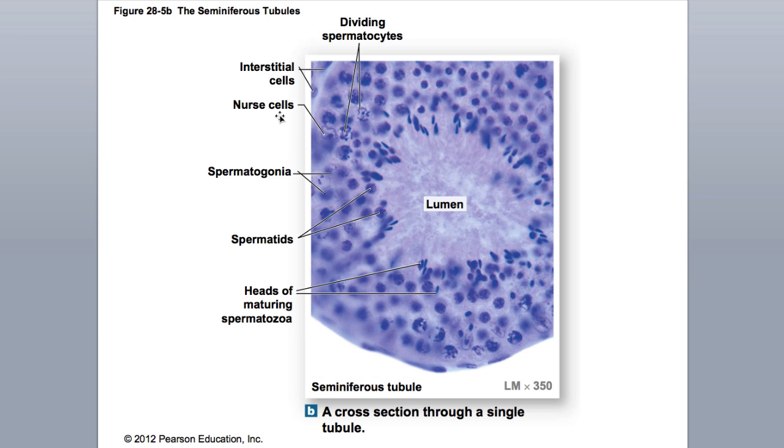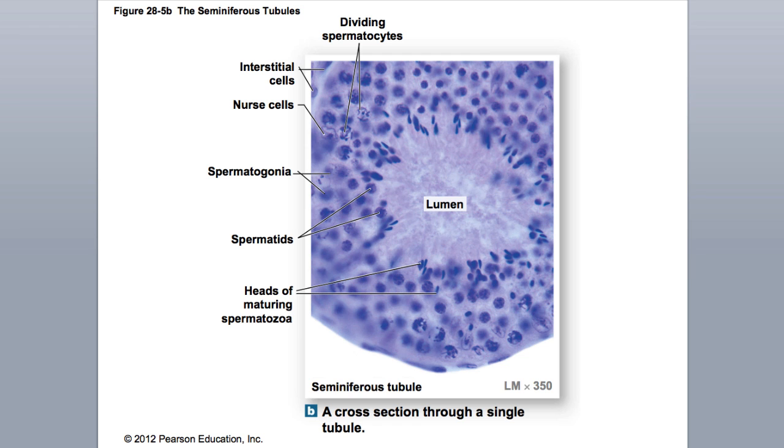So this nurse cell or nanny is going to help you with the development of that sperm. It's going to protect that sperm. And when that sperm is ready to be launched, it'll be launched in reverse. You can barely make out the flagella of some of these. So they're launched in reverse.